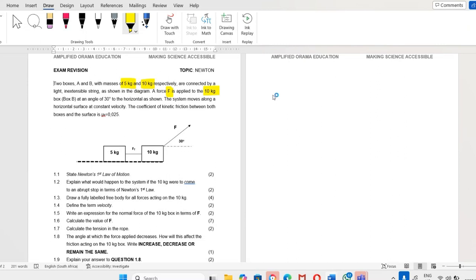The second question says, explain what would happen to the system if the 10 kg box were to come to an abrupt stop, in terms of Newton's first law. So if the 10 kg box comes to a stop, then the 5 kg box will continue moving because of its inertia.